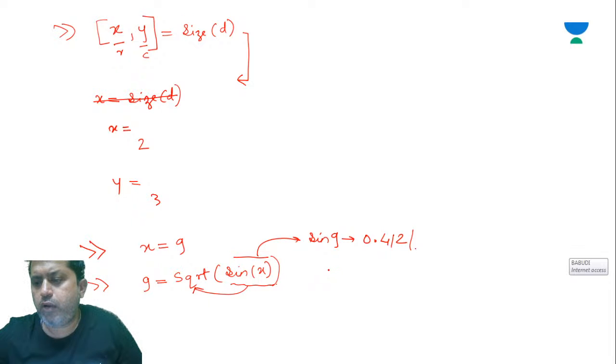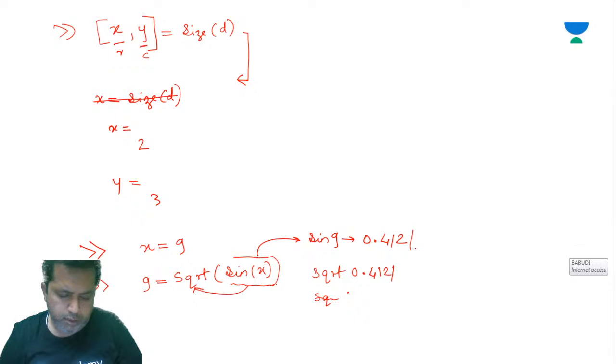So SQRT 0.4121, if I take this, it comes out to be 0.